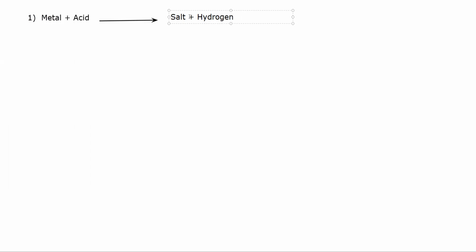How to identify whether it's a metal? You have to check the group. If the element belongs to group 1, group 2, or group 3, then it is a metal. How to identify an acid? The substance which contains hydrogen, for example H2SO4, HCl, HNO3.